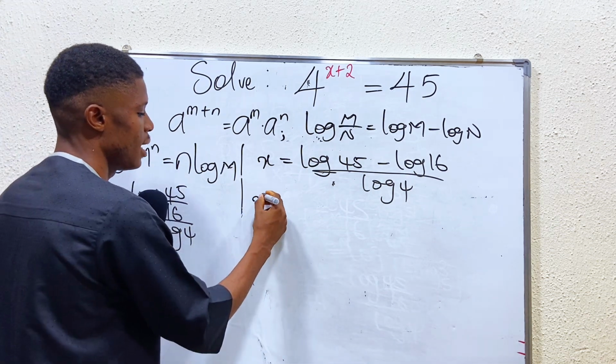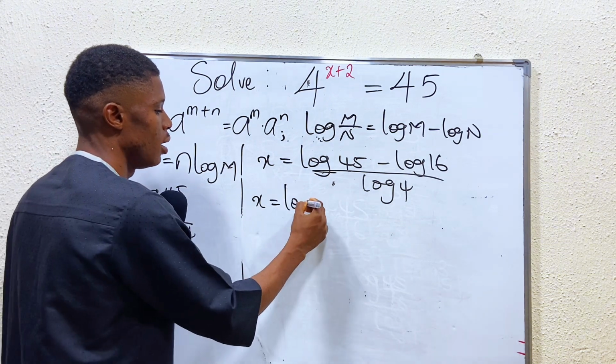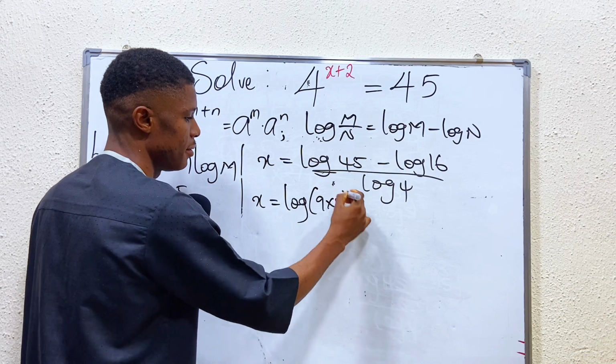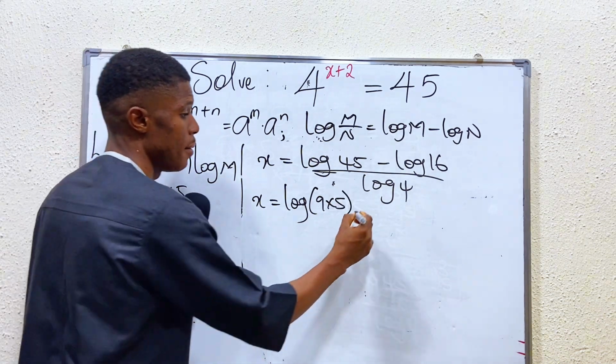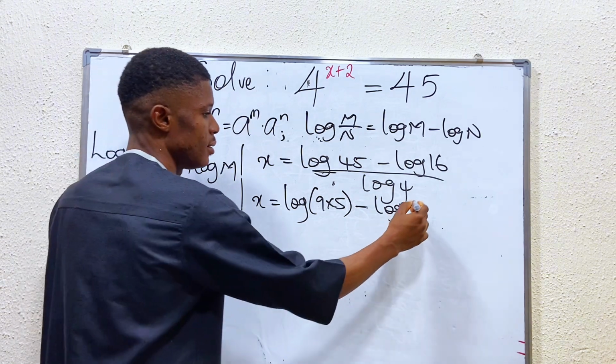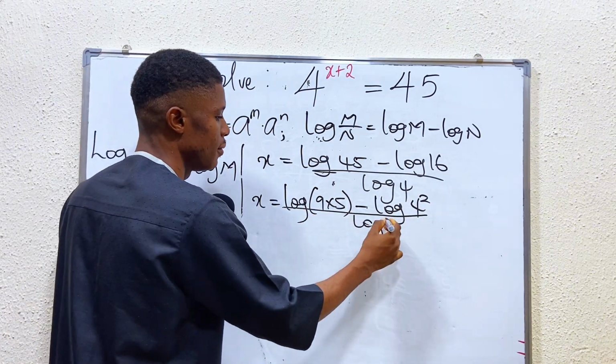So we have that x is equals to log of 9 times 5, which is 45, minus log of 16, which is 4 squared, divided by log 4.